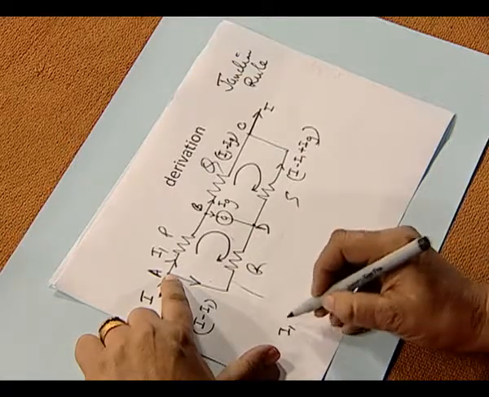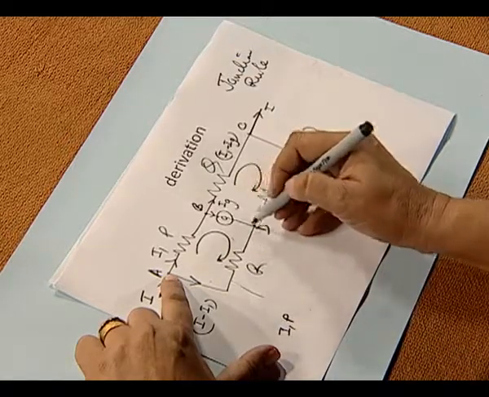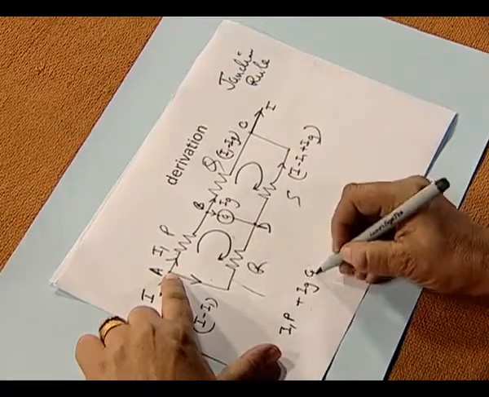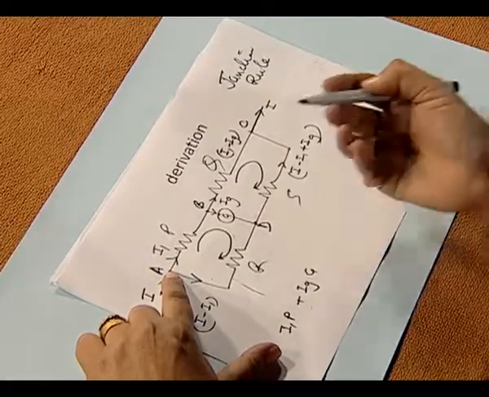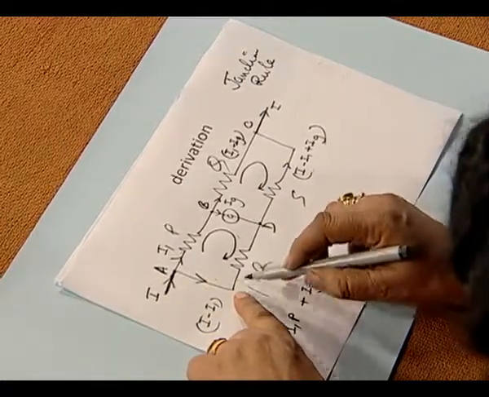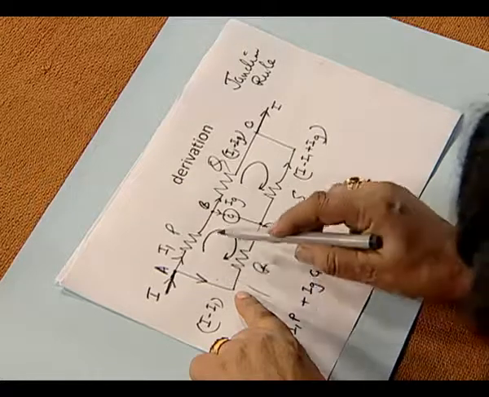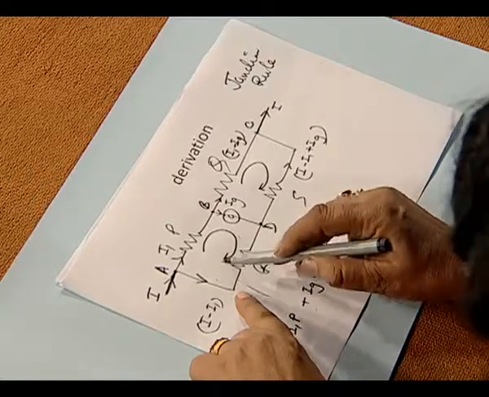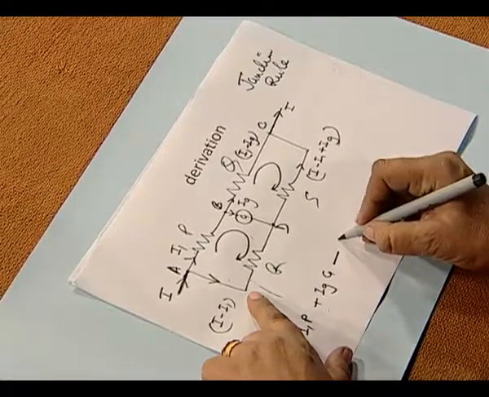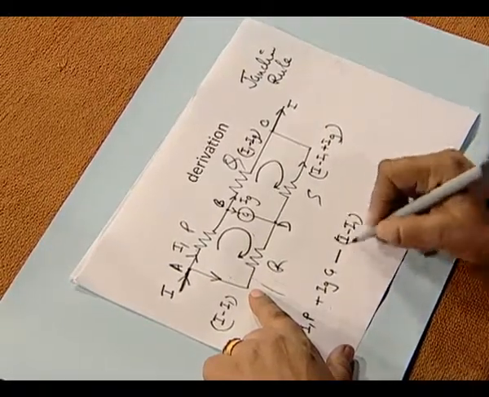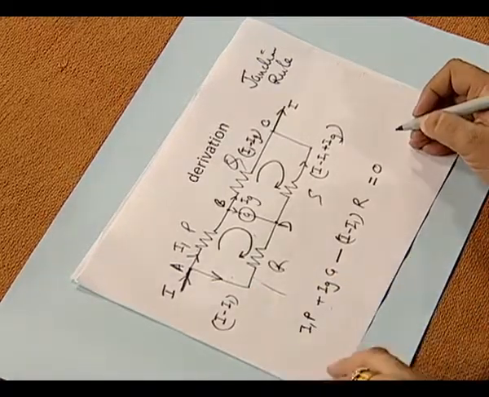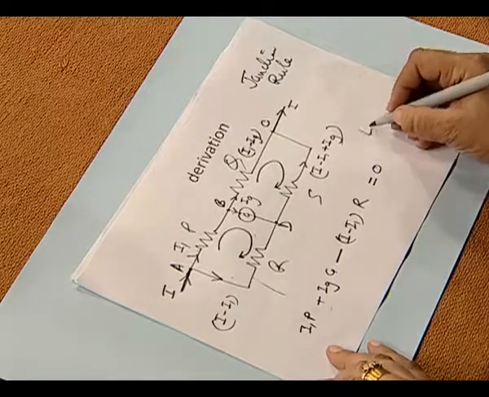So, I1 P, through this section the current is Ig, so Ig into the resistance of the galvanometer, let us say it is G. Now, the current is flowing opposite to the direction of the loop. So, I put a minus sign and say I minus I1 multiplied by R, and this should add up to 0 from our second rule, which is our loop rule.